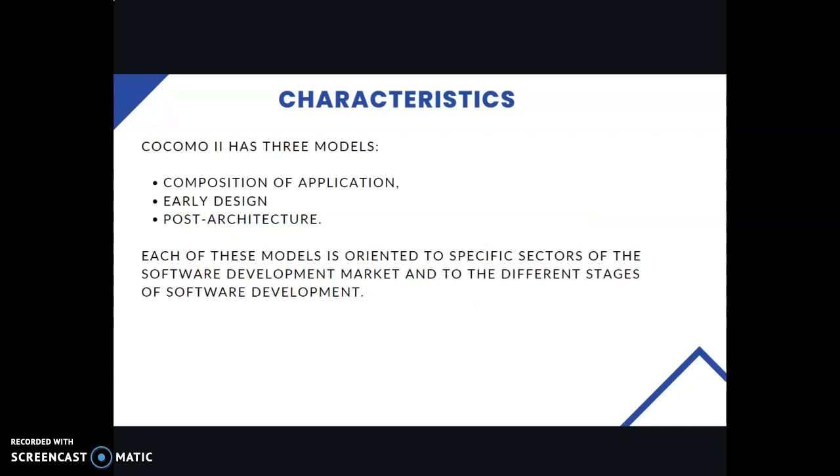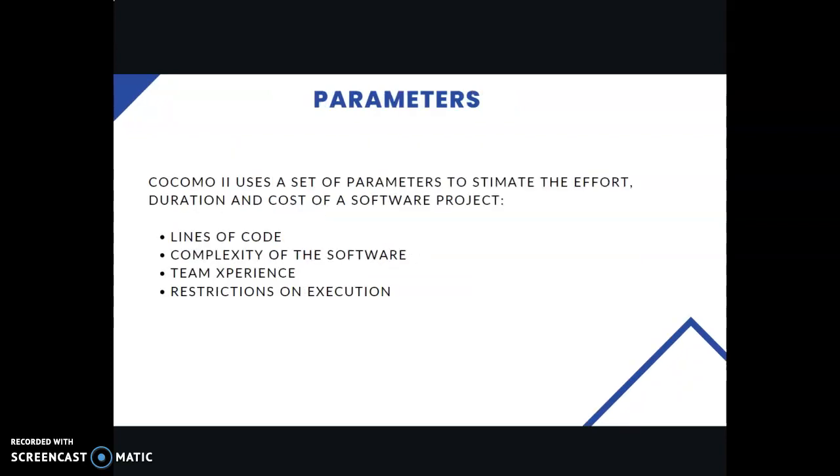COCOMO 2 has three models: application composition, early design, and post-architecture, and each of these models is oriented to the specific sectors of the software development market and to the different stages of software development.